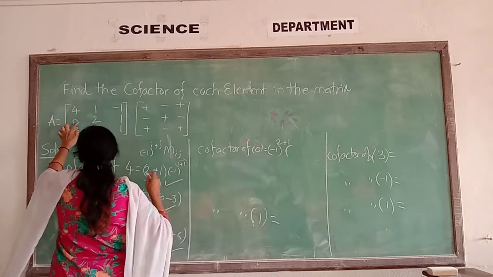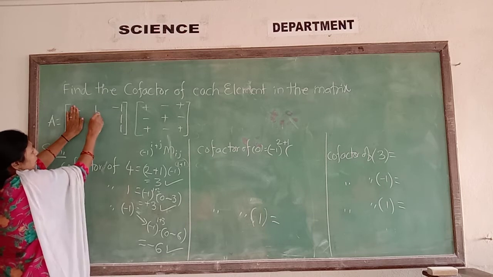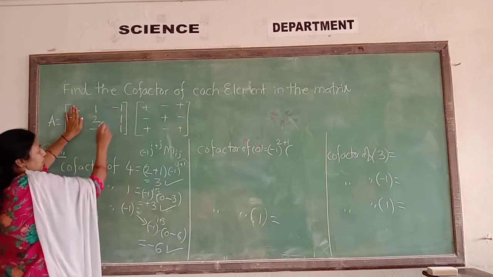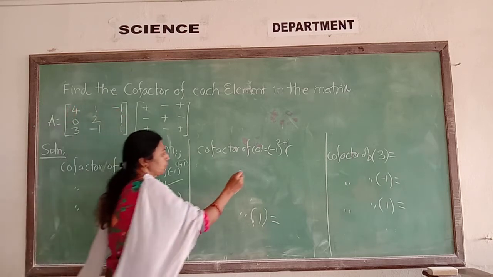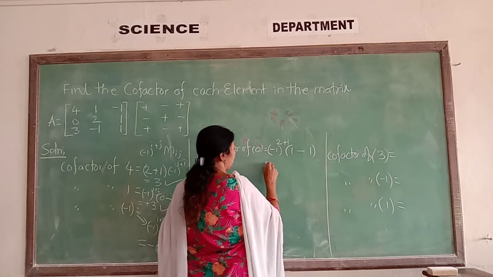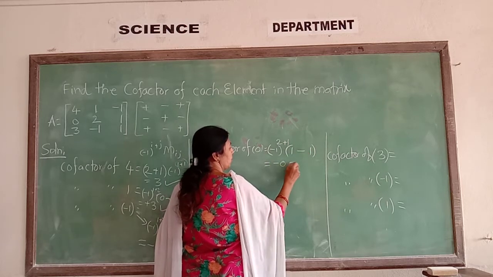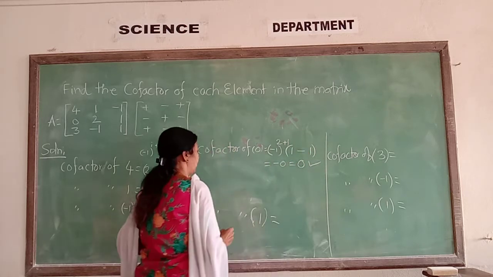Leaving this row and column, what remains? 1 into 1 is 1, another into -1 is -1. The formula's minus will be there. It is odd, so minus remains: 1 and 1 make 0. 0 is the cofactor of 0 itself.